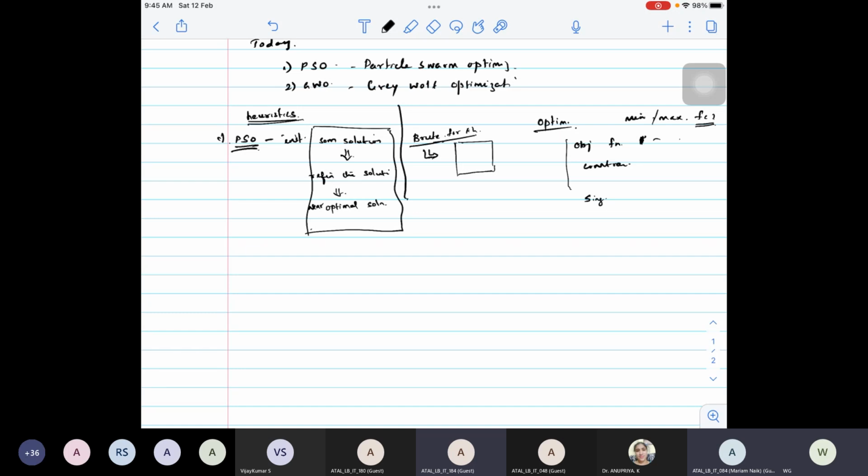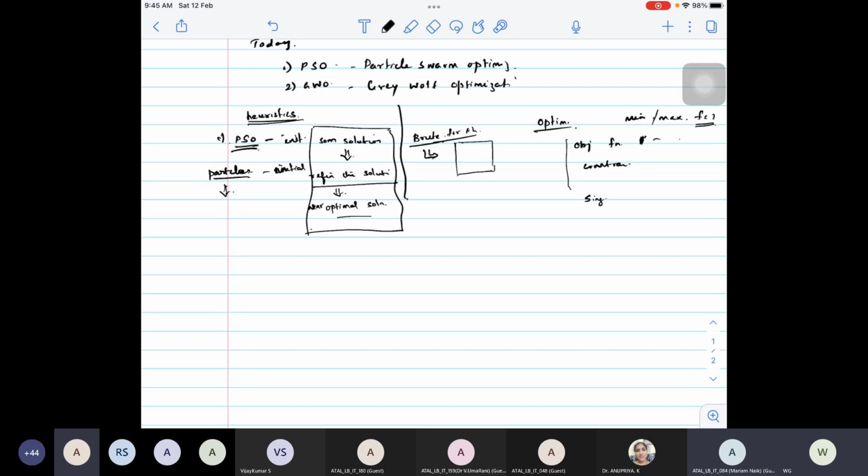Similarly, with particle swarm optimization, we have some particles. The positions of the particles are randomly initialized, and then they are varied, and by this refinement you arrive at a near optimal solution.